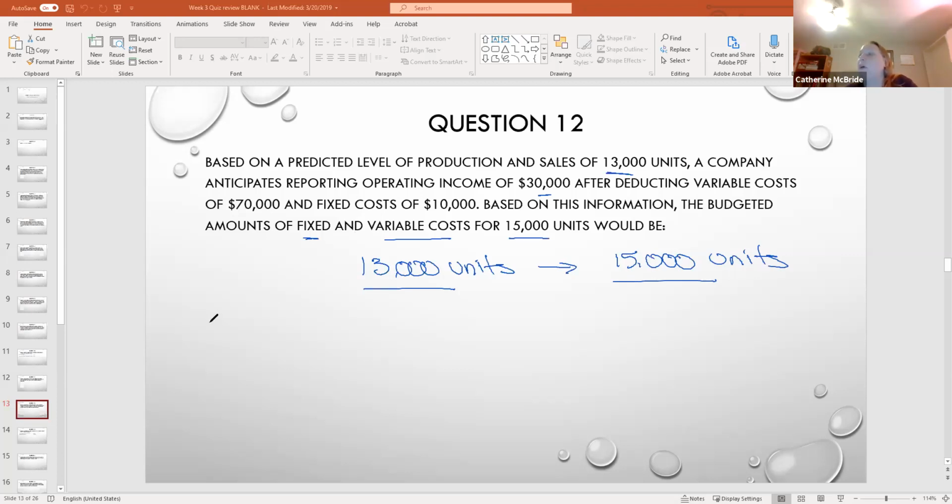So we want to know what is the new amount for fixed and variable costs. For our variable costs, there's 70,000. We're going to take our variable cost and figure out how much it is per unit.